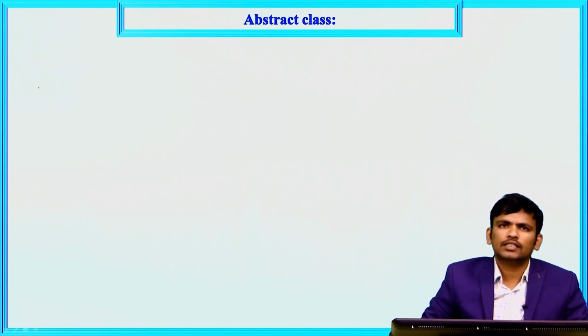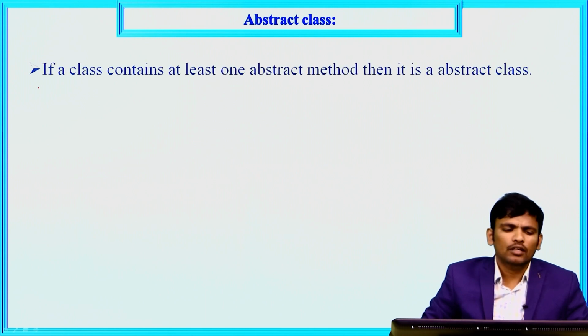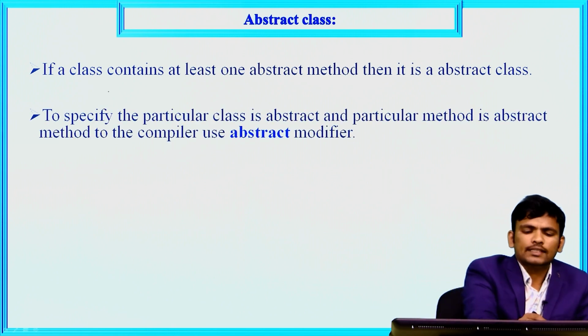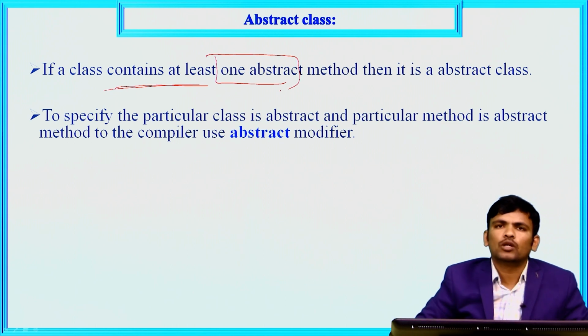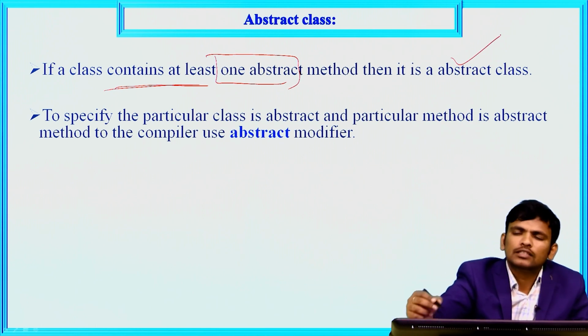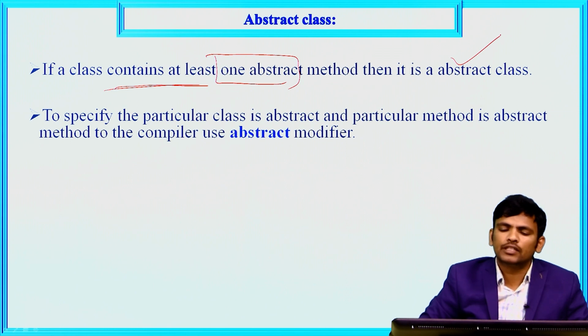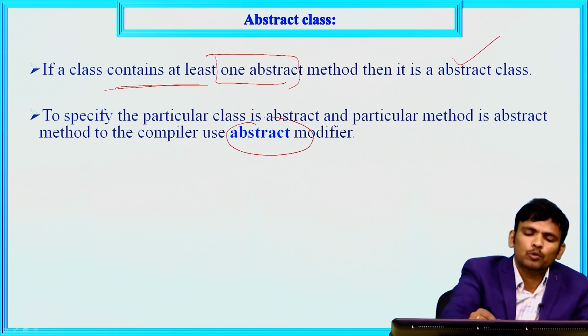As the name suggests, abstract means it will hide the internal implementation, and as we know an abstract method has only a declaration but no definition. If any class contains at least one abstract method, then the class becomes an abstract class, and we compulsorily need to declare that class with the abstract modifier.